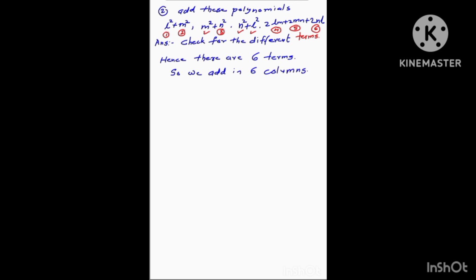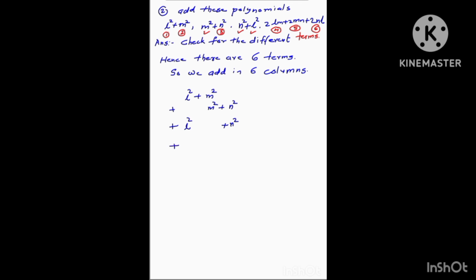Okay, in the exam also, or in actual solving, you have to do the same thing. See, l square plus m square. Now when you add another one, write m square below m square and n square beside that. Now while adding the third one, write n square here and l square below l square.